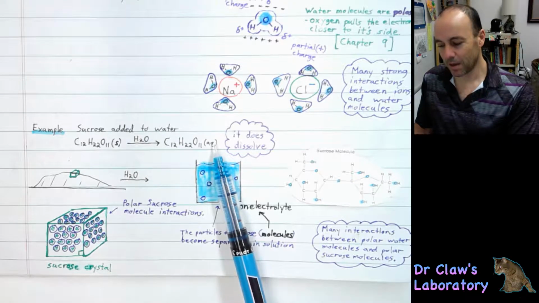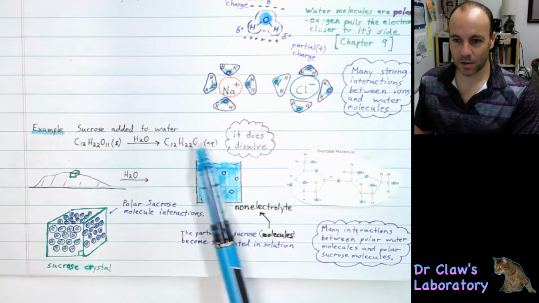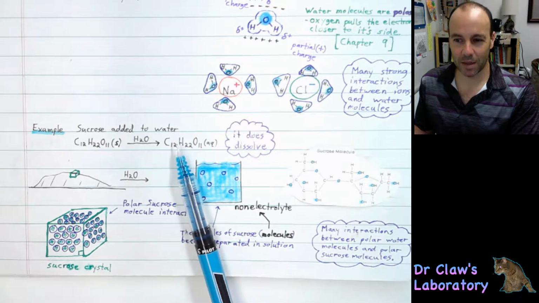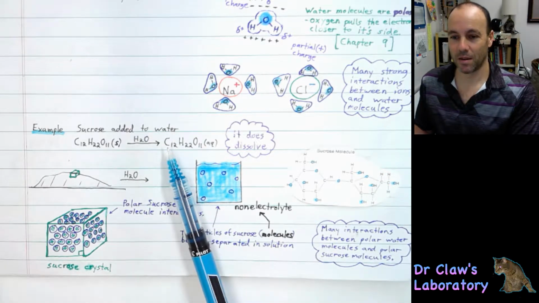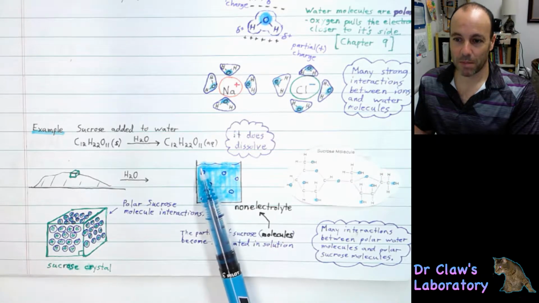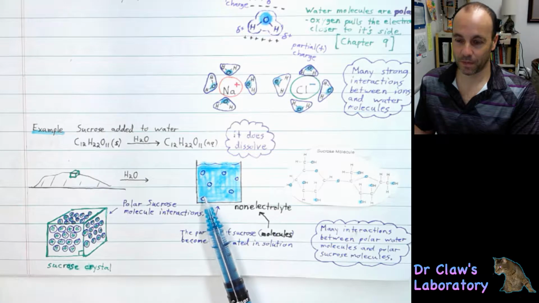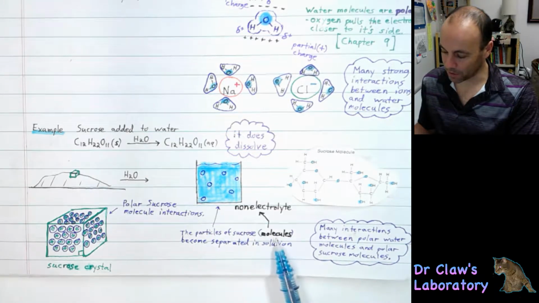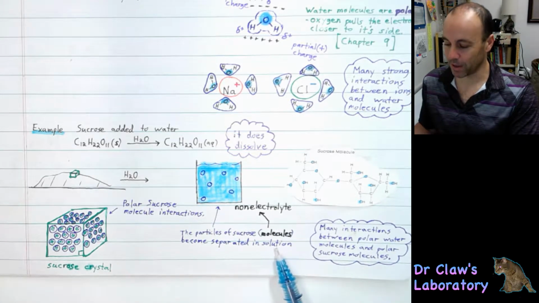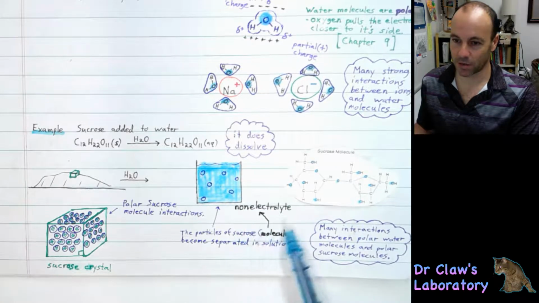Now this time it's a little different, because sucrose is not an ionic compound, it's a molecular compound. So the particles this time are molecules, and when it dissolves, all of the molecules become separated from each other. The molecules of the sucrose become separated in solution. There are no ions, and this would not conduct electricity.